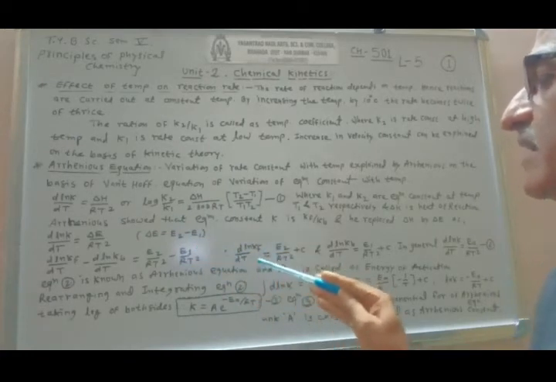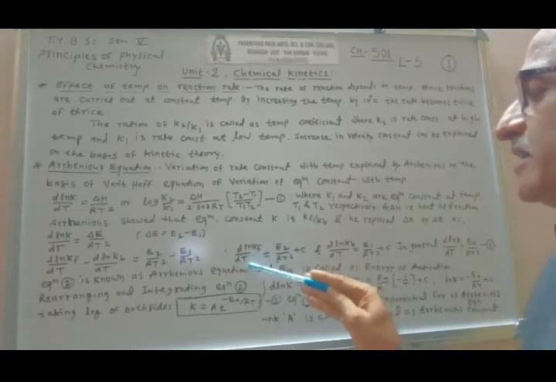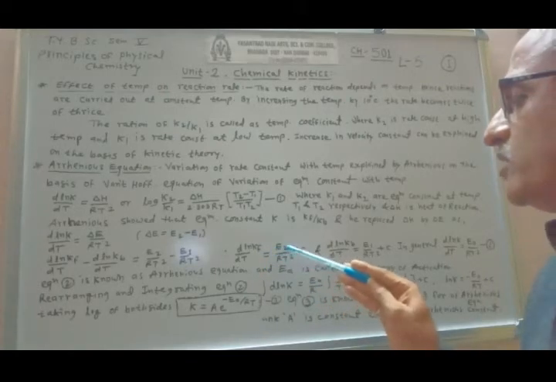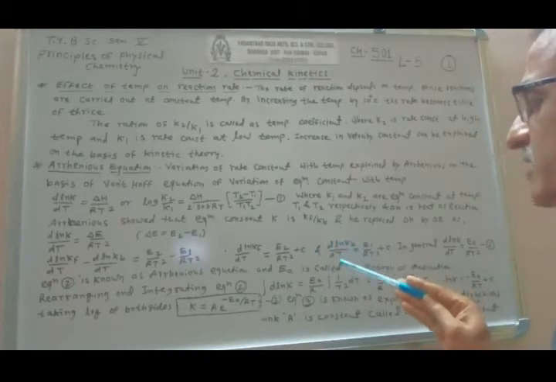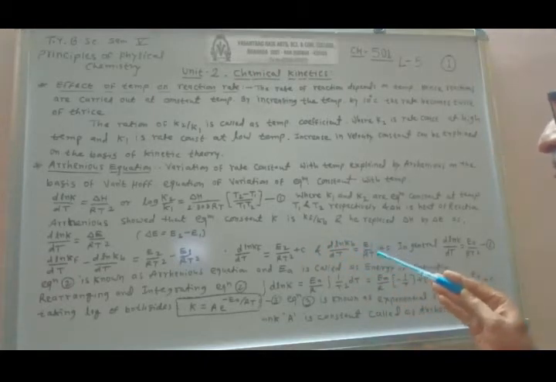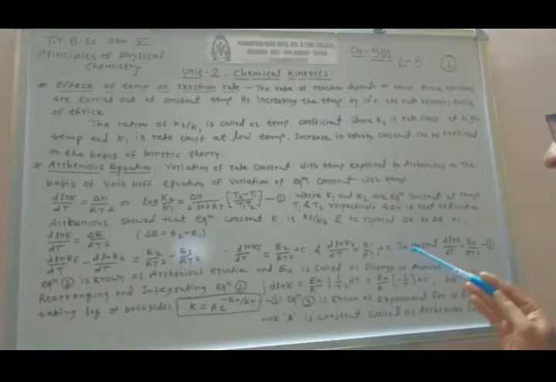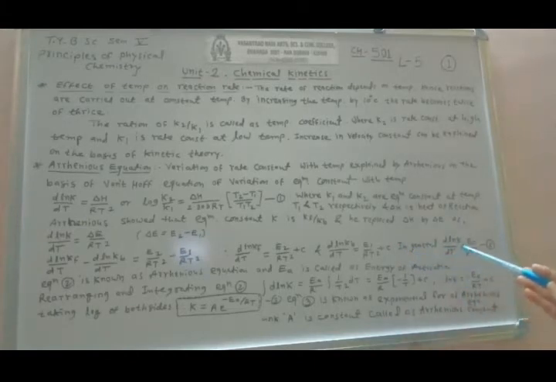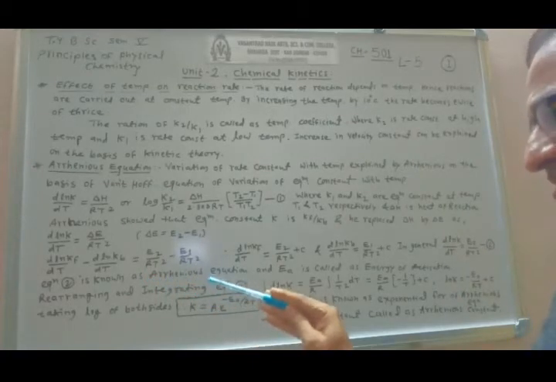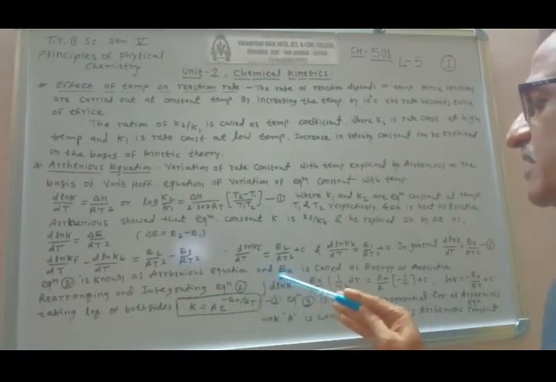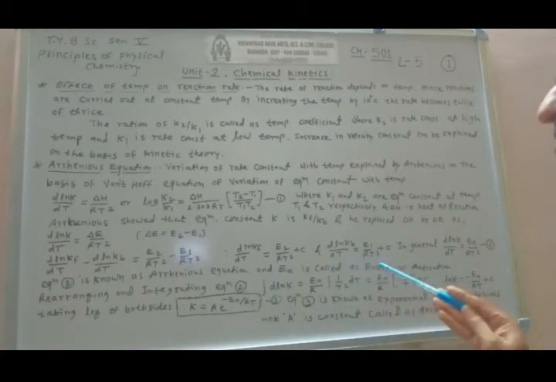Separately we can write d ln Kf by dT is equal to E2 divided by RT square plus C, and d ln Kb by dT is equal to E1 upon RT square plus C. In general we can write this equation as d ln K by dT is equal to E upon RT square, call it equation number 2. This equation number 2 is known as the Arrhenius equation, where Ea is called the energy of activation.